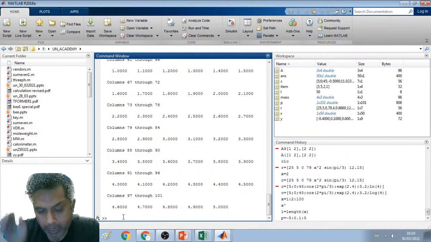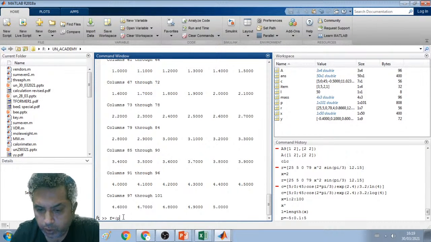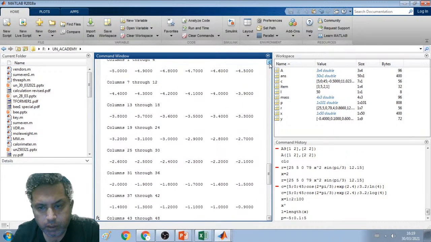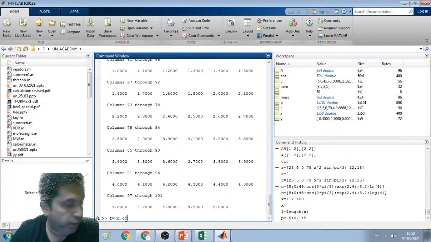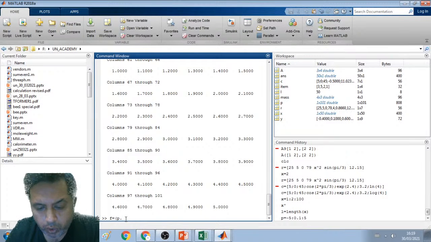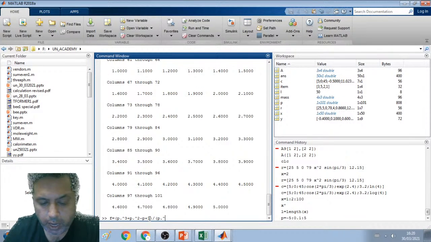Then f equal to bracket p dot cap 3 plus p dot cap 2 minus p plus 1 slash p dot cap 2 plus p plus 2.